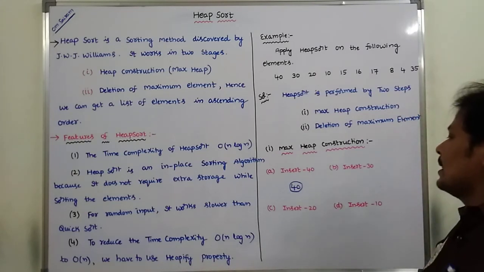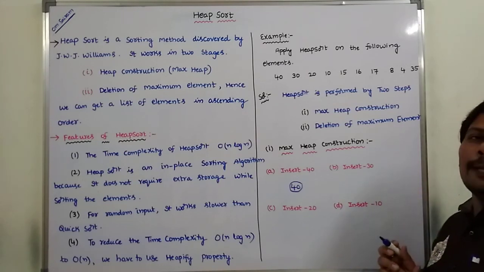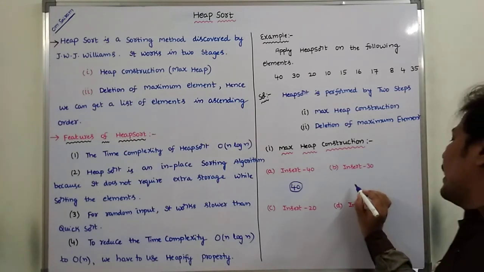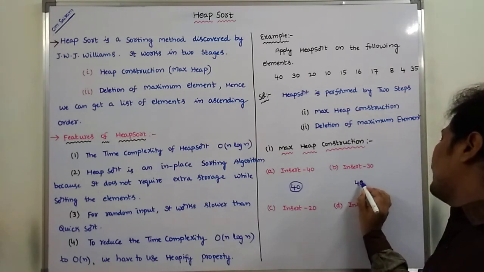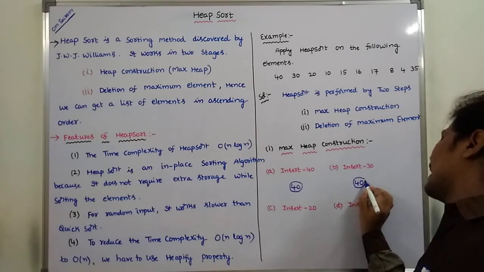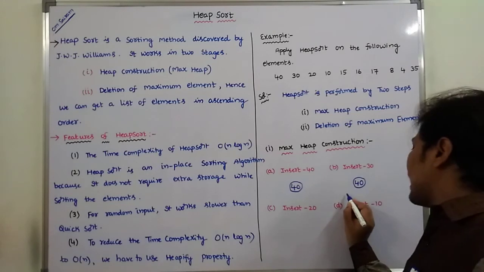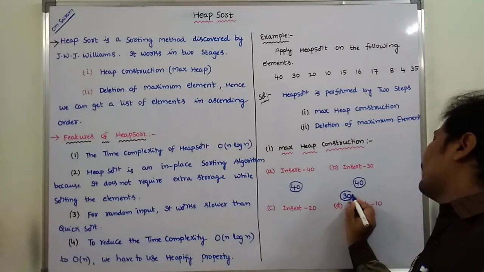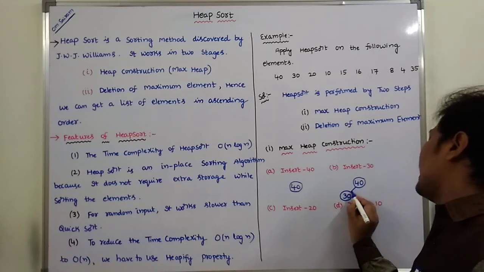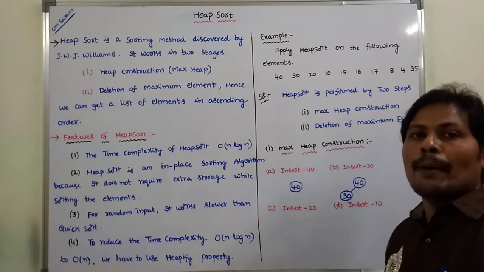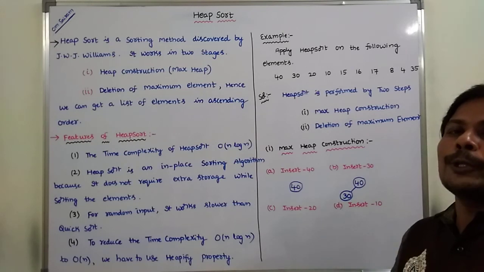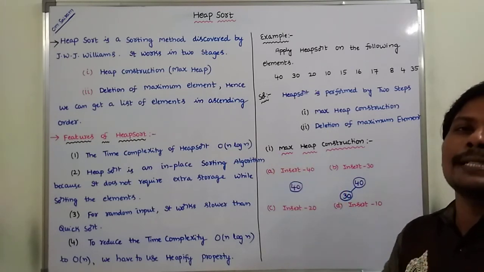Next, we are inserting element 30. Before inserting 30, the existing maximum heap is 40. So now 30 can be inserted as a left child. Whenever any new node is inserted into the maximum heap, first we have to insert at the left-hand side.